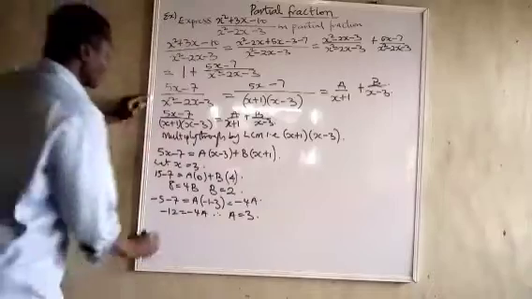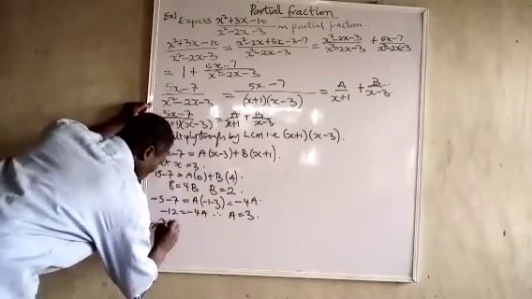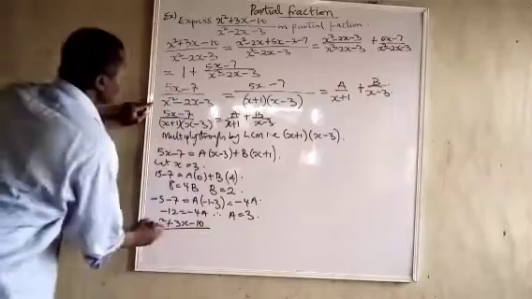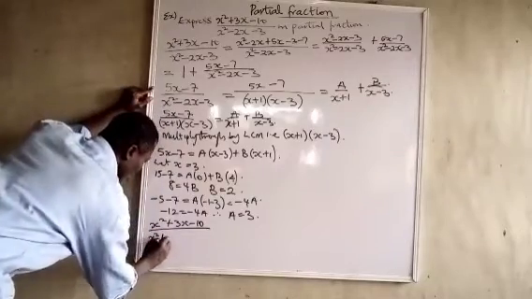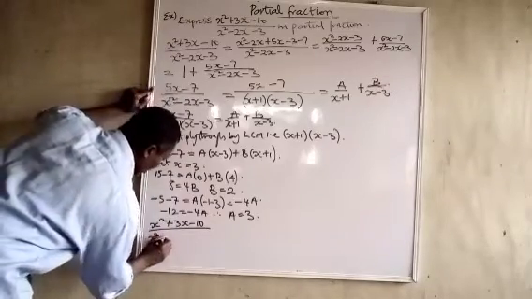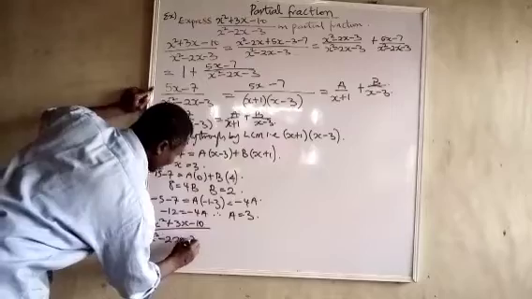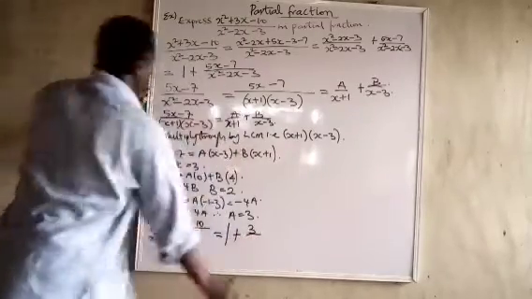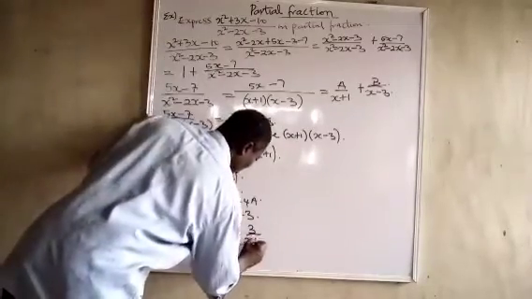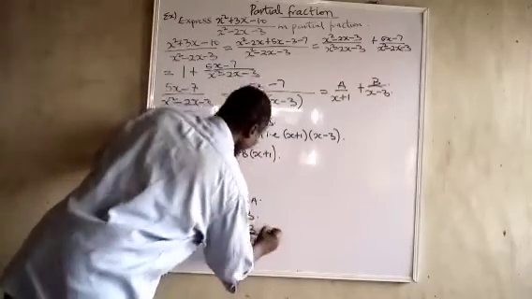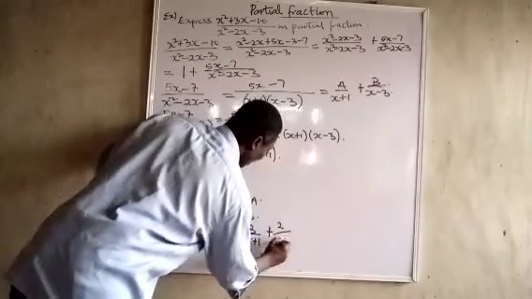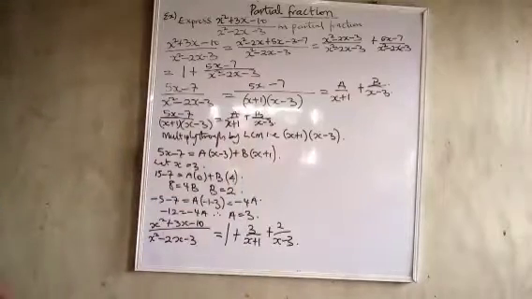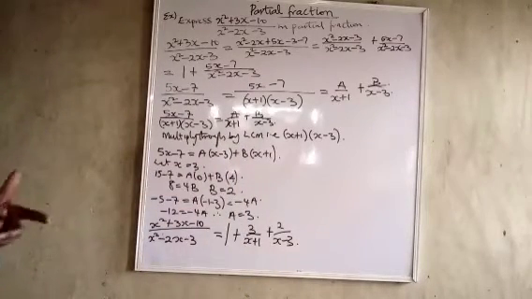Therefore, I can now say (x squared plus 3x minus 10) divided by (x squared minus 2x minus 3) is equal to 1 plus 3 over (x plus 1) plus 2 over (x minus 3). So that is the expression in partial fractions.